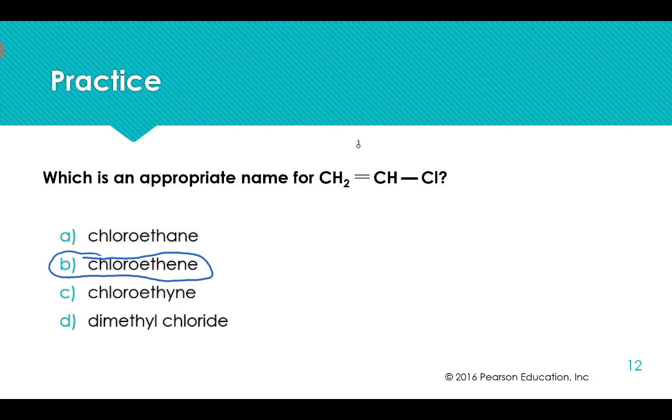is because if we put the chlorine on the other carbon, it would look like this. And then that carbon would have to have 2 hydrogens. Now watch. If I spin this top molecule around 180 degrees around this point, it's going to look exactly like that. That means that these two things are the same molecule.